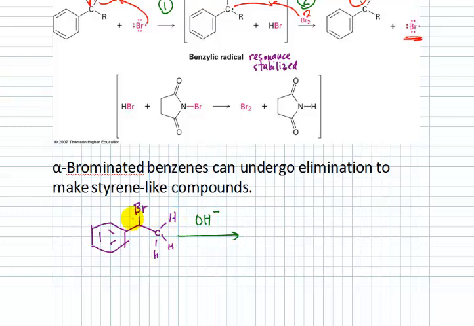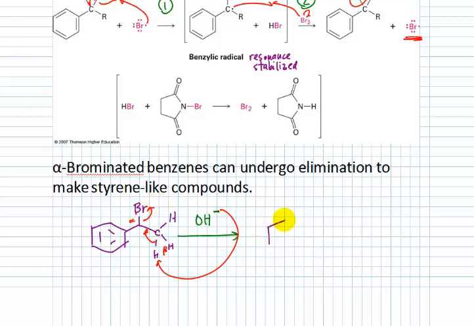Remember, bromine is on an alpha carbon. These are beta hydrogens on the carbon next to it. Hydroxide will attack one of the beta hydrogens. Right there. The electrons from the CH bond will go in to create a double bond, and then the carbon-bromine electrons will go on to the bromine, which will kick the bromine off of the molecule.